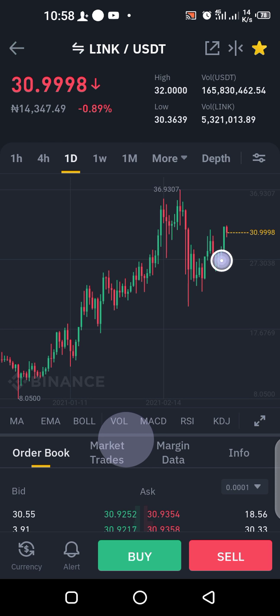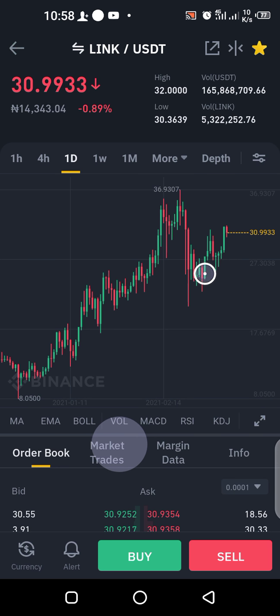Now don't forget, when you are placing your stop loss and using a bigger time frame to analyze the market, for example, in a daily chart like this, if you enter the market around this place, placing your stop loss around this place isn't bad.